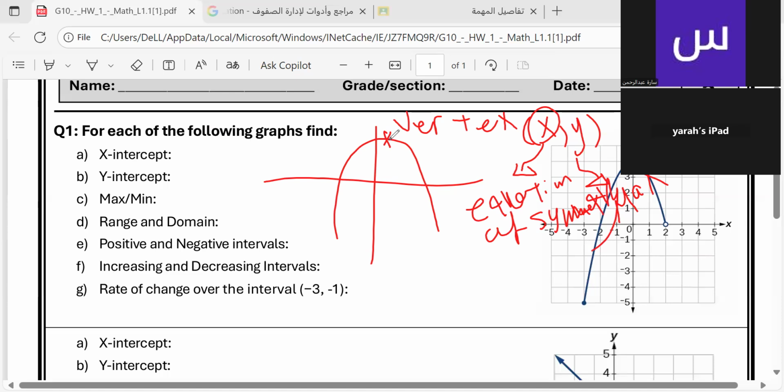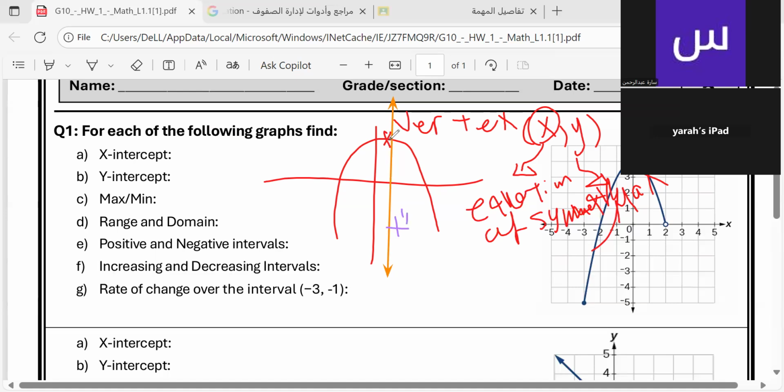The symmetry is the line which cuts the curve into 2 equal parts like that. That is called the symmetry. So to find the equation of this straight line, you will say it's x equals, and you take the x value of the vertex.